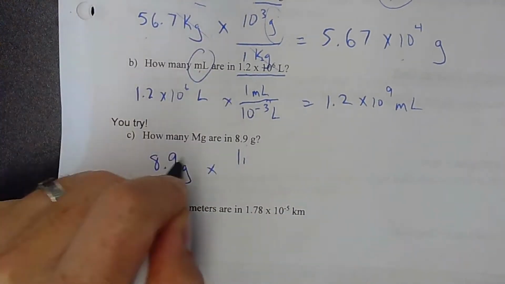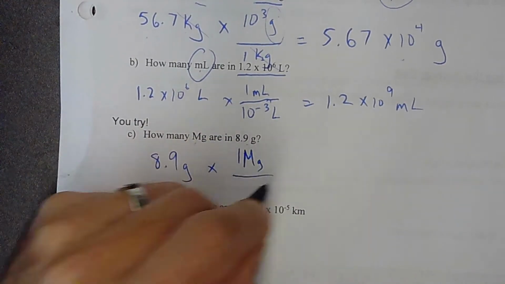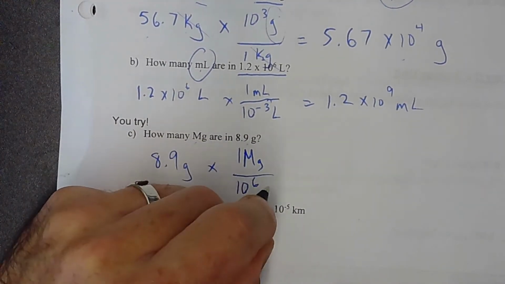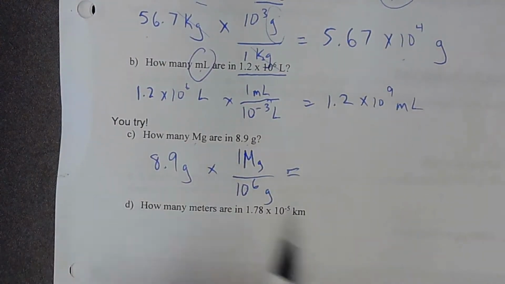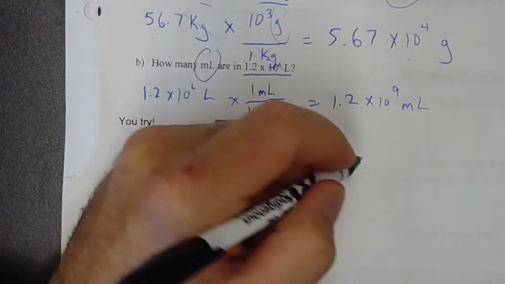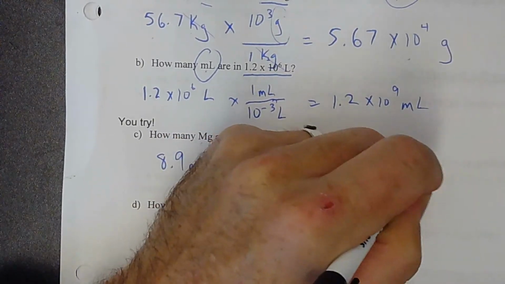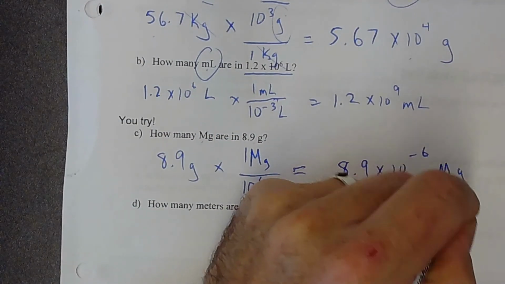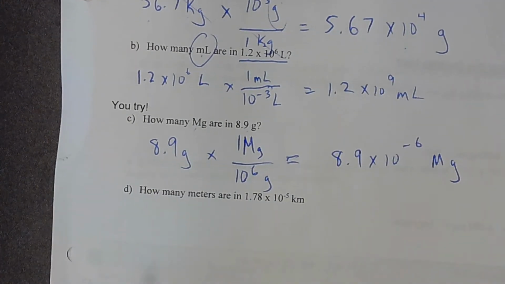We want megagrams, so megagrams are on top. 1 megagram equals 10 to the 6 grams. So it equals 8.9 divided by 10 to the 6, which is 8.9 times 10 to the minus 6 megagrams. We can see the grams cancel, megagrams at the top, good to go.